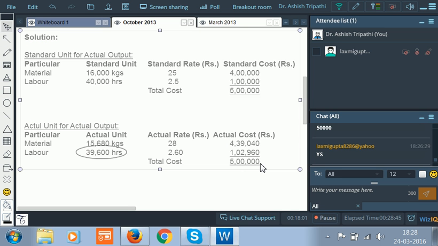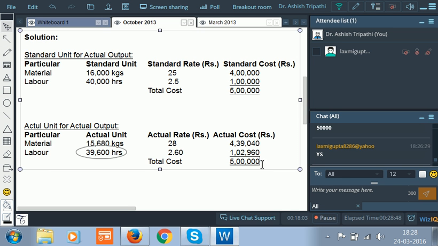Calculate and tell me the total actual cost. So the total actual cost will be 4,39,040 plus 1,02,960, 5,42,000. I think you're getting the same, 5,42,000.